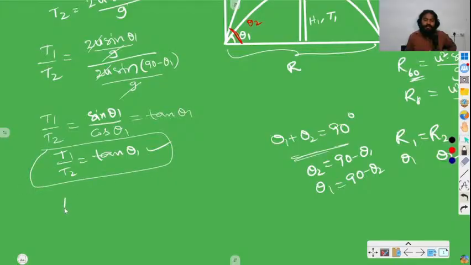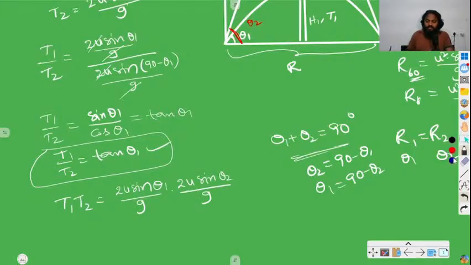And next, if you multiply t1 and t2, what is t1? t1 is 2u sine theta 1 by g, into t2 which is 2u sine theta 2 by g.